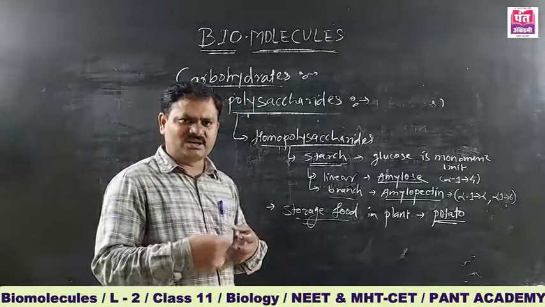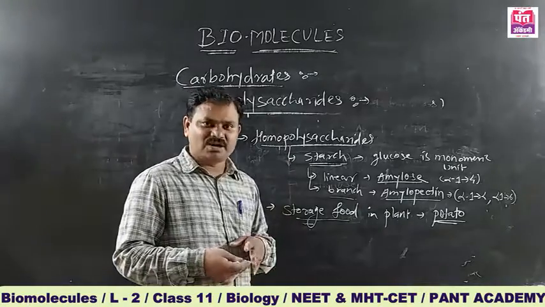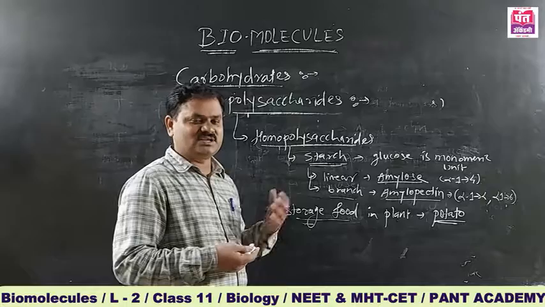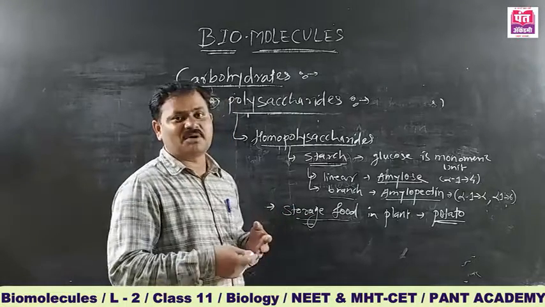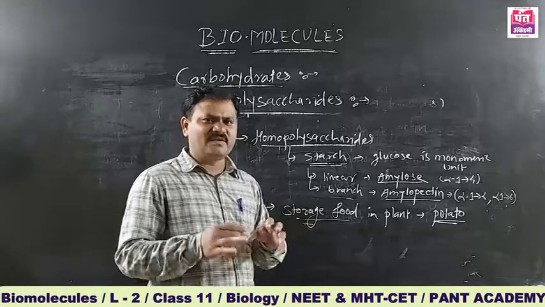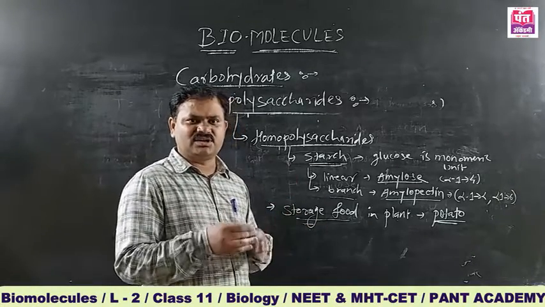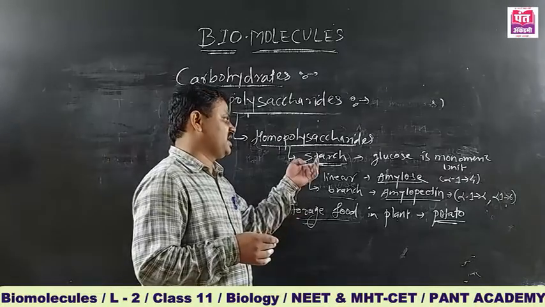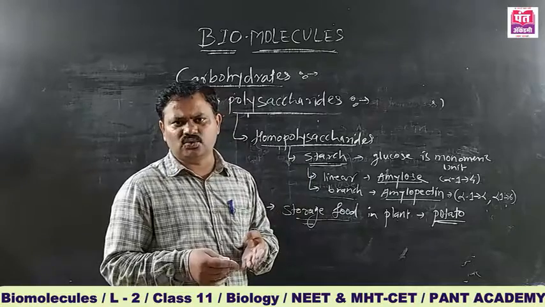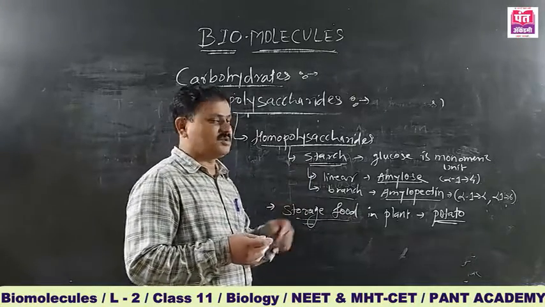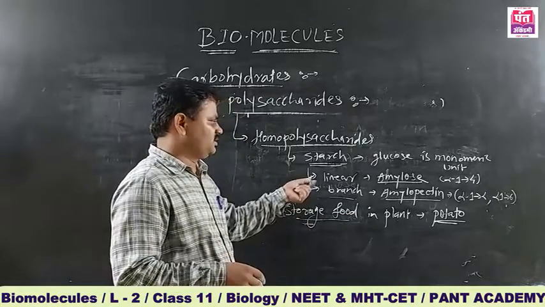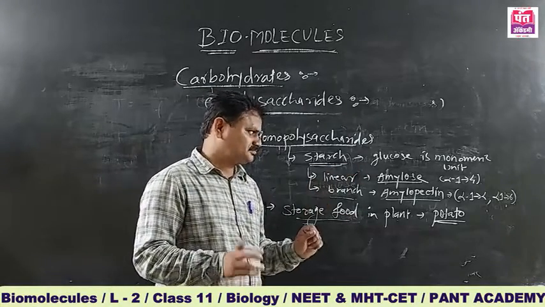Vegetables and fruits contain starch, and stem and root also contain starch. Especially the stems store food material in the form of starch, and leaves also store it.